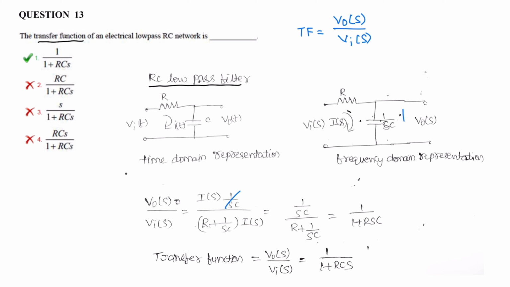So I of s cancels. Now V naught of s by Vi of s is 1 by sC by R plus 1 by sC. On rearranging, we get V naught of s by Vi of s equal to 1 by 1 plus sRC. So correct answer is option 1.